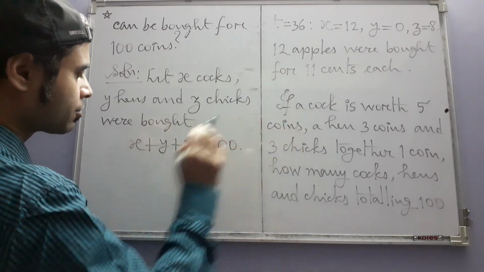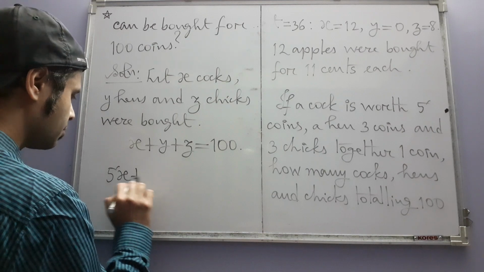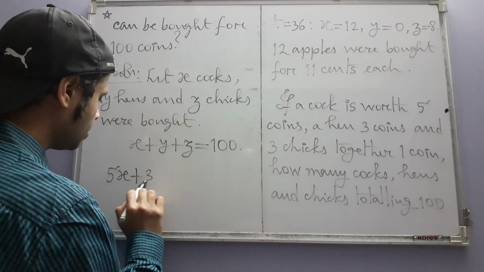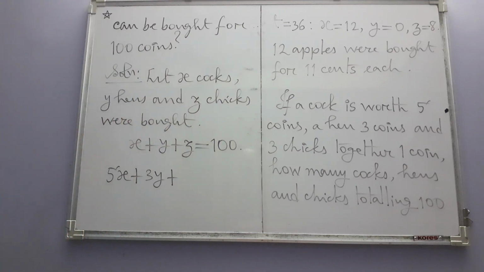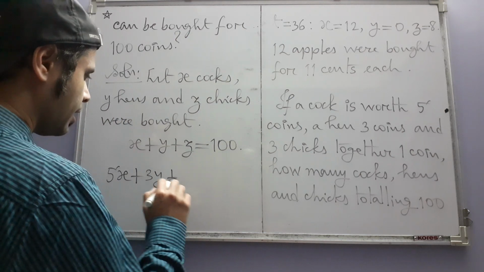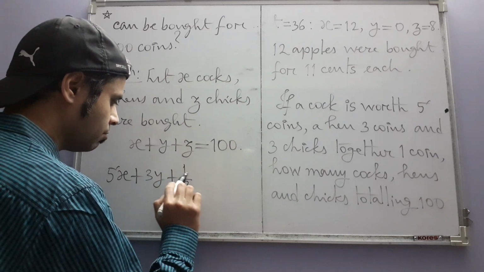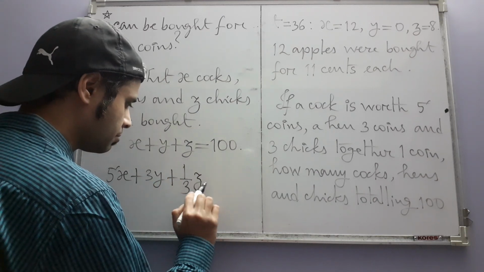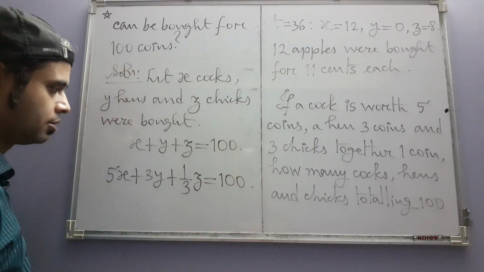So 1 cock is worth 5 coins, so that means 5x plus 3y plus, is it 3? Yes. And 1 chick is worth 1/3 of a coin. This is also equal to 100.